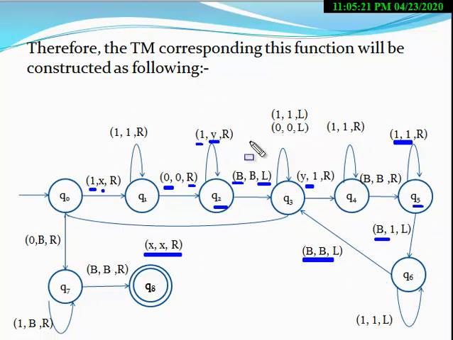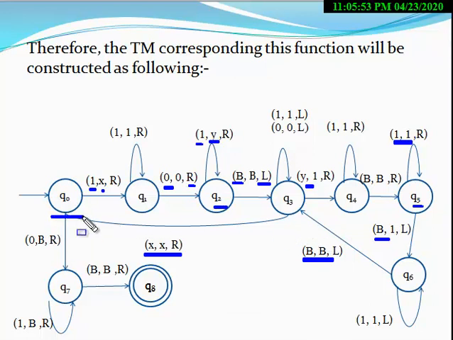According to this cycle, the machine copies the number of ones equal to the number of ones in the second argument. This cycle will be repeated equal to the number of ones in the first argument. If the number of ones in the first argument is 2, then this cycle will be repeated 2 times.